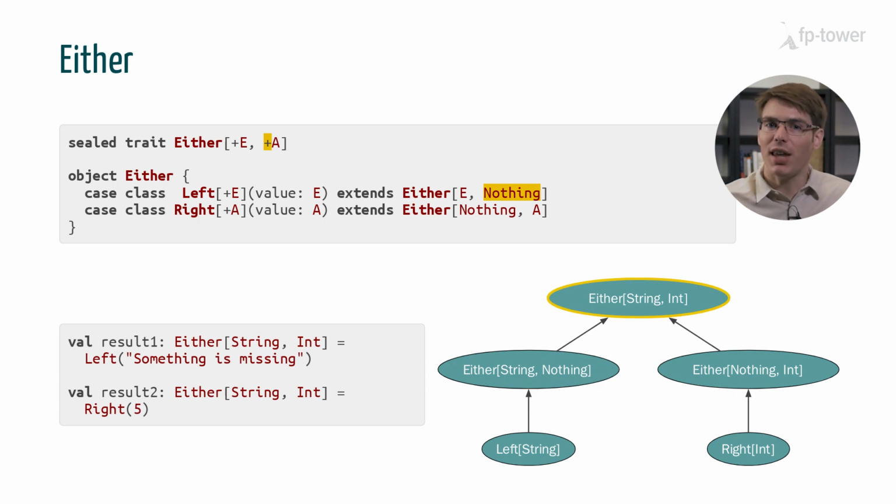Finally, because nothing is a subtype of everything, and either is covariant on the second type parameter, we can upcast the second type parameter to anything we want. In this case, we get an either of string int. And the same thing happens with right, except that it is the first parameter of either that is set to nothing.